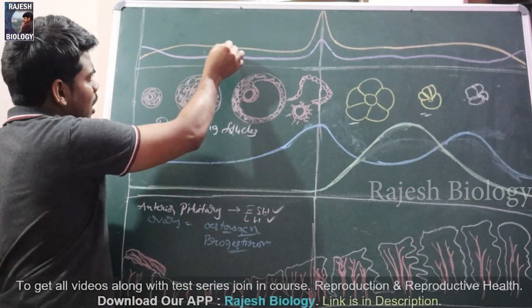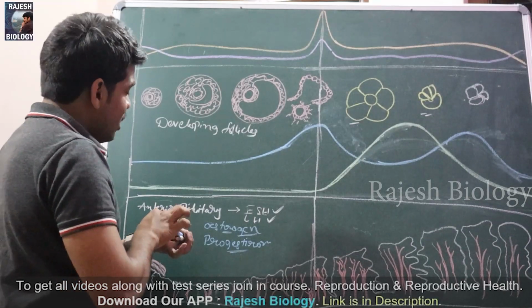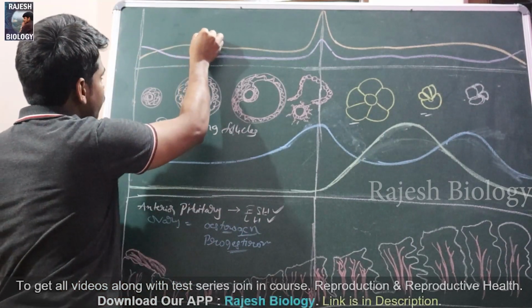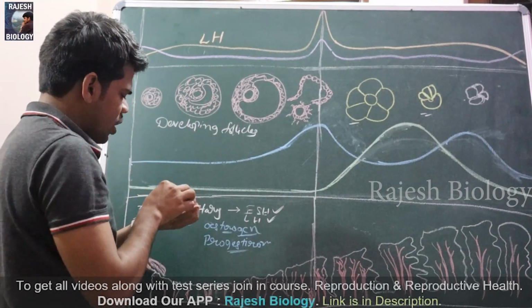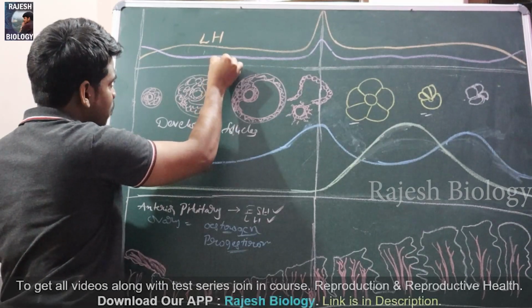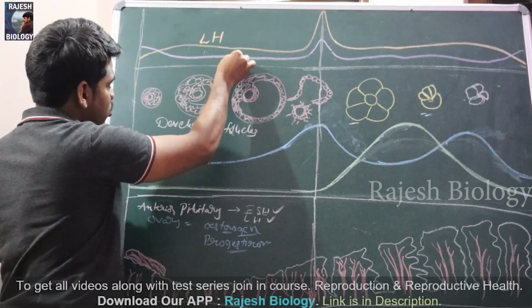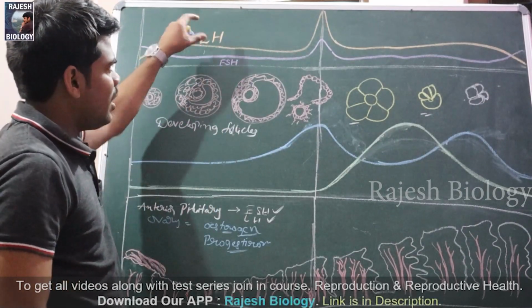So here I draw two lines. One hormone is LH, which is in orange color, and another hormone is FSH, which is in purple color. Many students' favorite colors, I think, are FSH and LH.